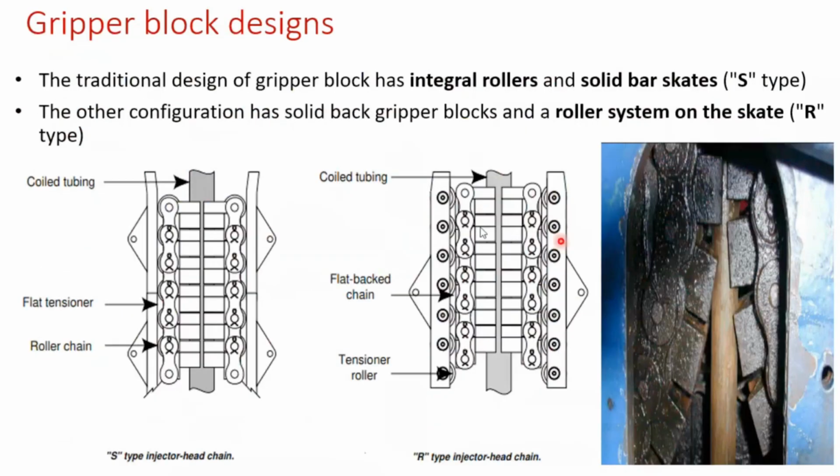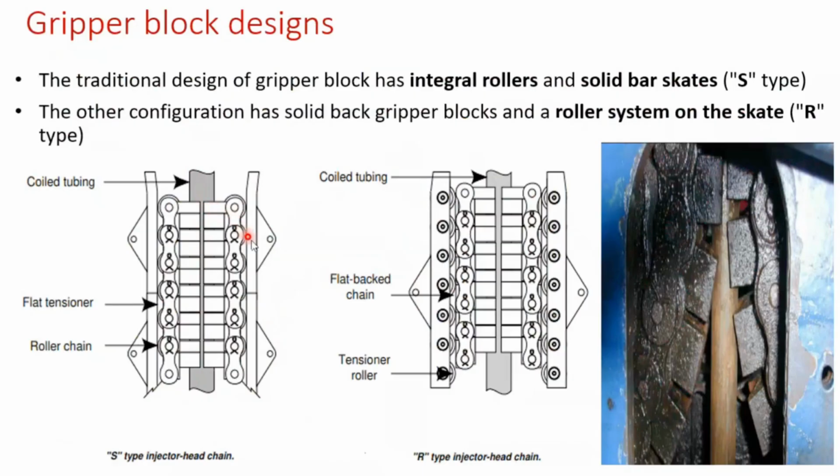Regarding gripper block designs, the most common design is the S-type. What is the S-type? As we see, these are the skid plates, and the chains themselves have their roller bearings, and between these chains lie the gripper blocks, which hold or grip my coil tubing pipe.